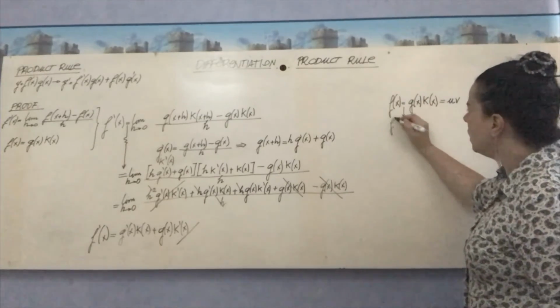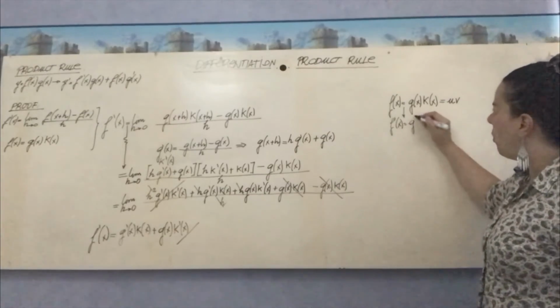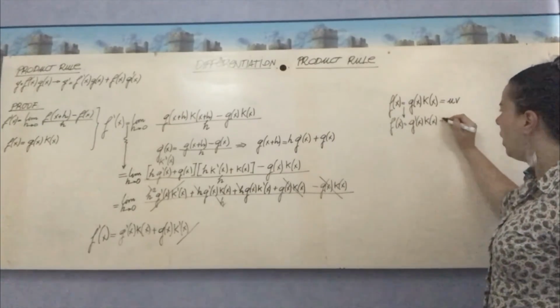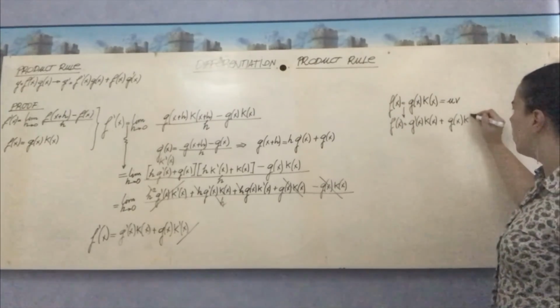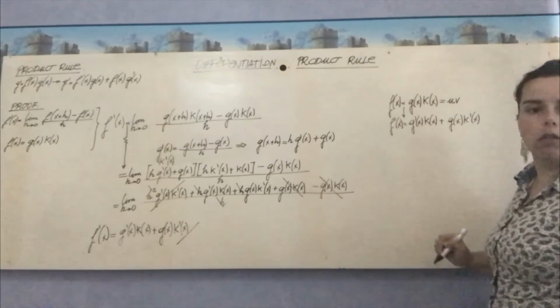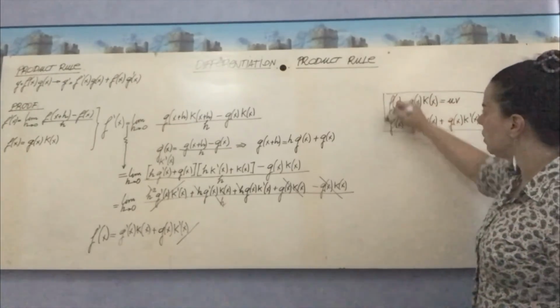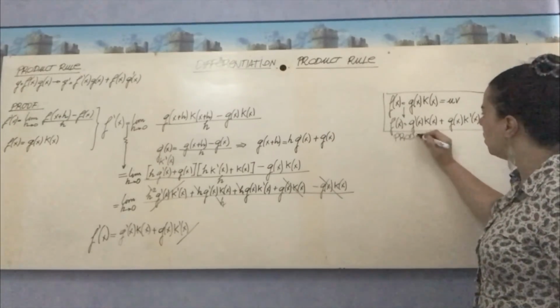Then f prime of x is what? Prime of the first times the second plus the first times prime of the second. And that one, I already proved it. I give it a name. It's my product rule.